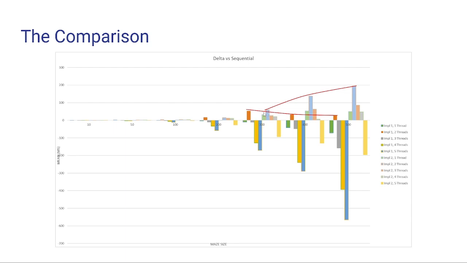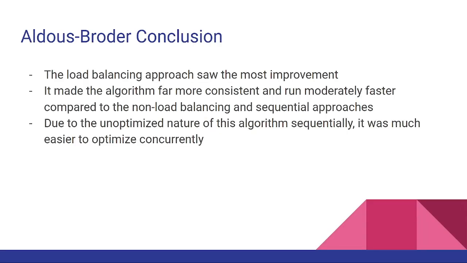Inversely, the improvement over the sequential version in implementation 2 is somewhat consistent. It actually increases. So that is also another point of comparison and how much better implementation 2 is than implementation 1.